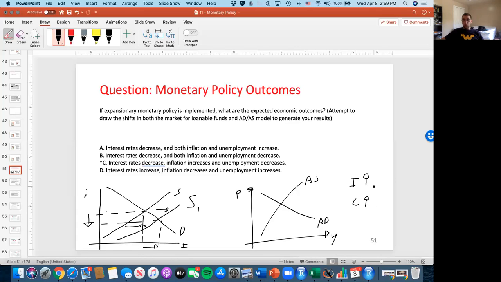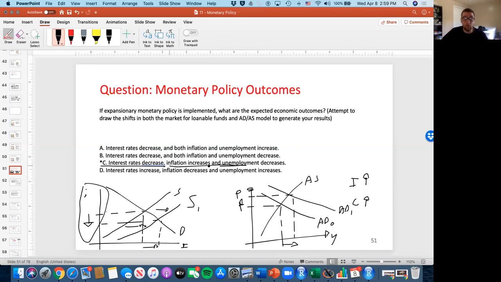With lower interest rate, investment increases, consumption increases. With those two increases, what is going to happen to the aggregate demand? Move to the right. What will happen to price level? In other words, inflation increases and output increases. So C would be the right answer, right? Because interest rate decreases, inflation increases, output increases.